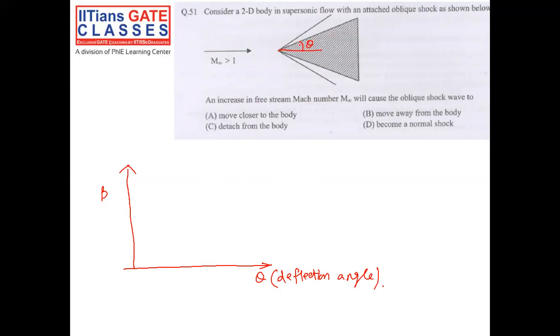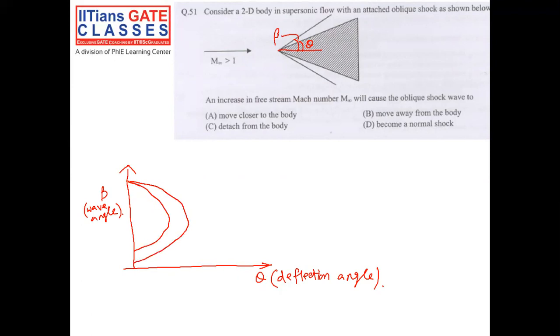This is theta, and beta is the wave angle. This is beta, the oblique shock wave angle. Now the theta-beta-M relation for different Mach numbers of the flow is as follows.